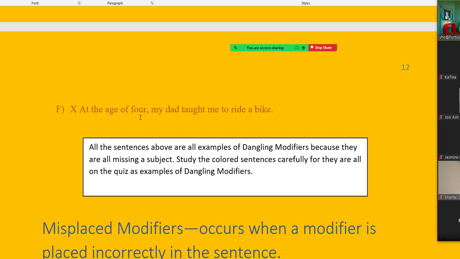So here, "at the age of 4" is not your dad, it's when I was at the age of 4, my dad taught me how to ride a bike. So all the sentences above are examples of dangling modifiers because they are missing a subject. Study the colored sentences carefully, for they are all on the quiz as examples of dangling modifiers. Does everybody understand dangling modifiers?